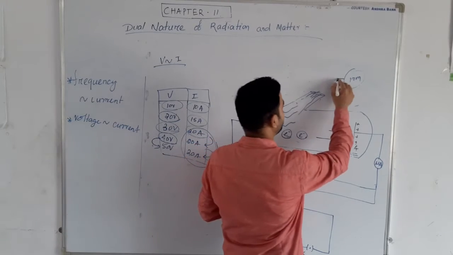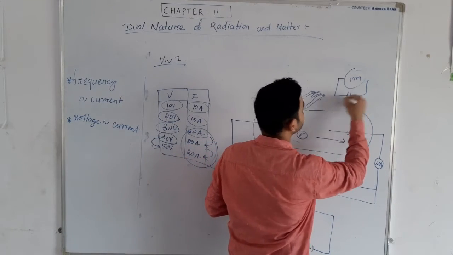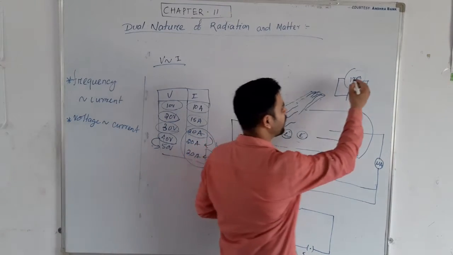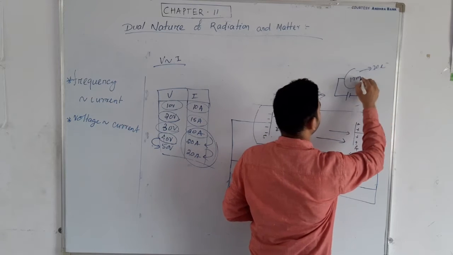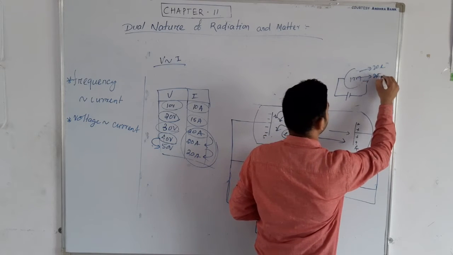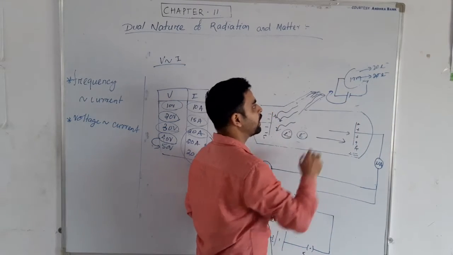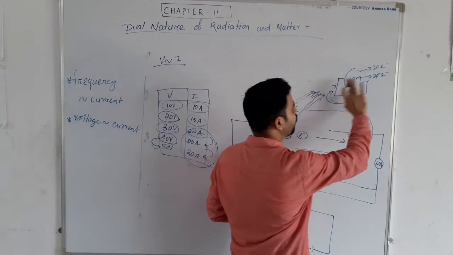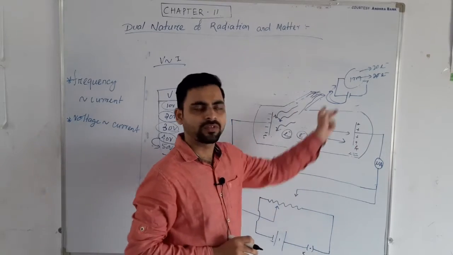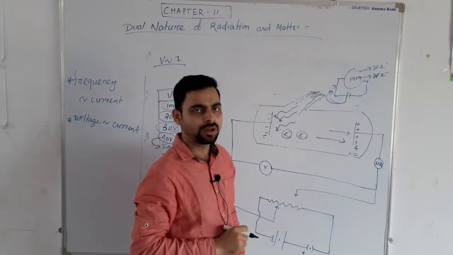Suppose I provide it some potential. Initially suppose 20 electrons are emitted, then 20 more electrons are emitted. Like this, if I increase the potential gradually, more and more electrons will emit from this atom.